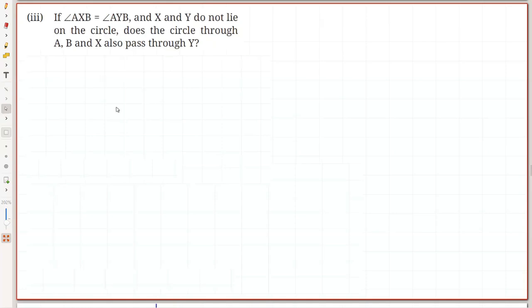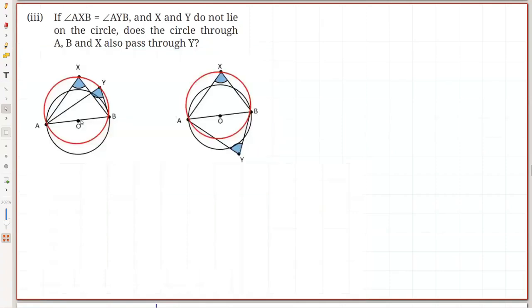So we will have two cases. AB are points on the circle, X and Y are points not on the circle. The condition is AXB is equal to AYB.